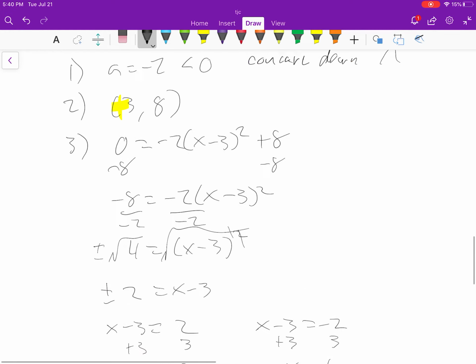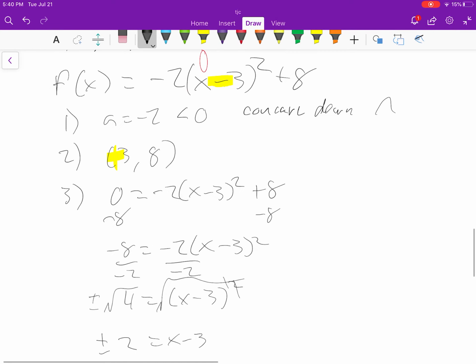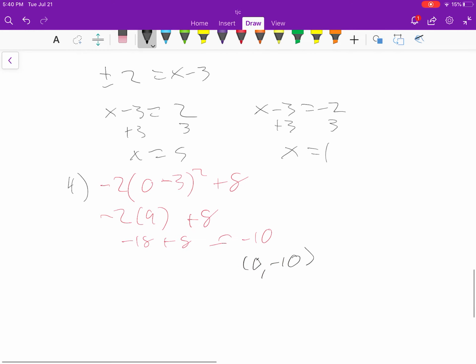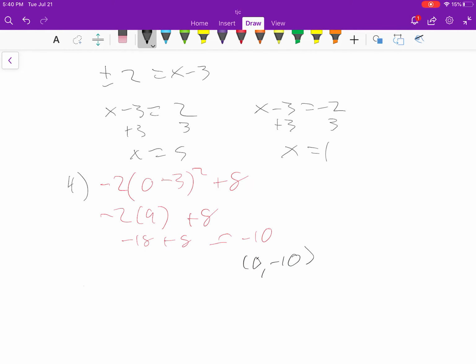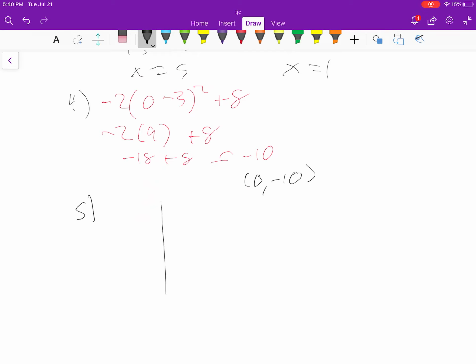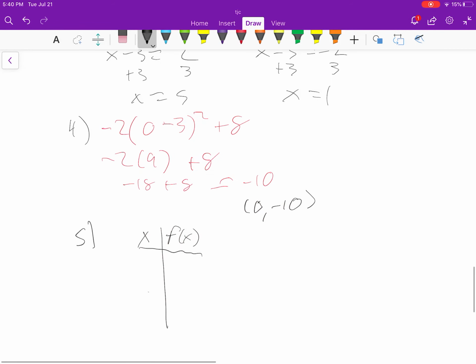So far, the steps we've gone through is we found our A, we found our vertex, we found our x-intercepts and our y-intercept. Now the last step is to do this t-table. So when you do the t-table, you're going to have your x values and your y values, which are f of x. And I always put the vertex in the center here. So our vertex, again, is 3 and 8. So we're going to put 3 and 8 in the center.